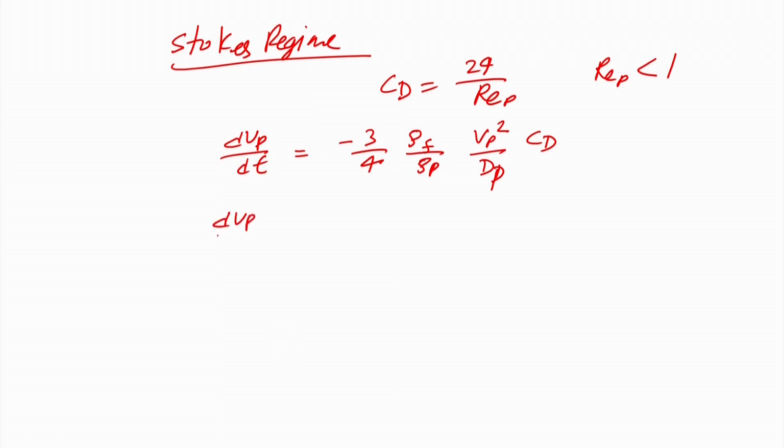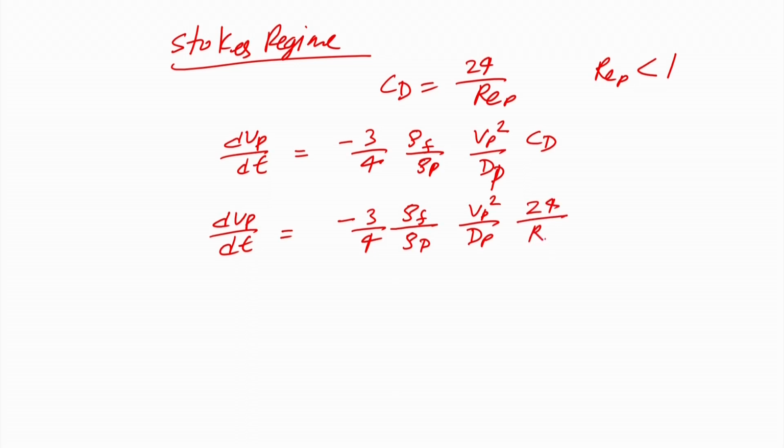So, dVp upon dt will be equal to minus 3 by 4 rho f upon rho p into Vp square upon dp into Cd, which is equal to 24 upon Re, and Re we are going to write it the way we have done, rho f upon rho p, this will be Vp square upon dp into 24.